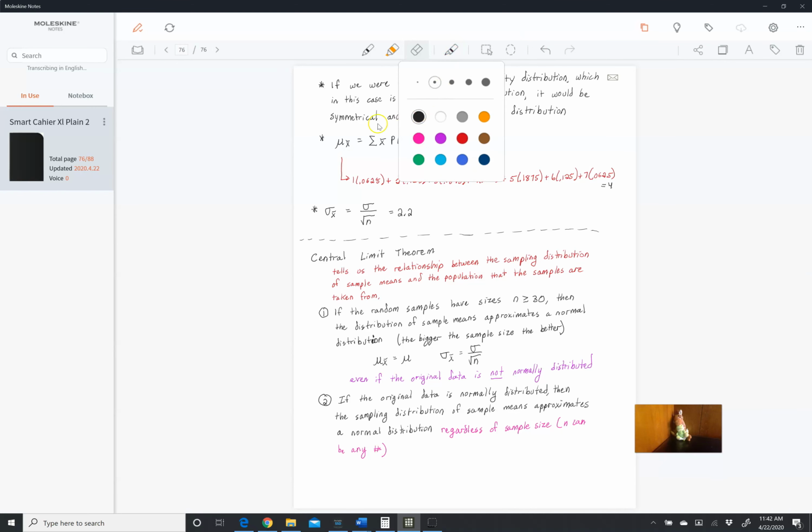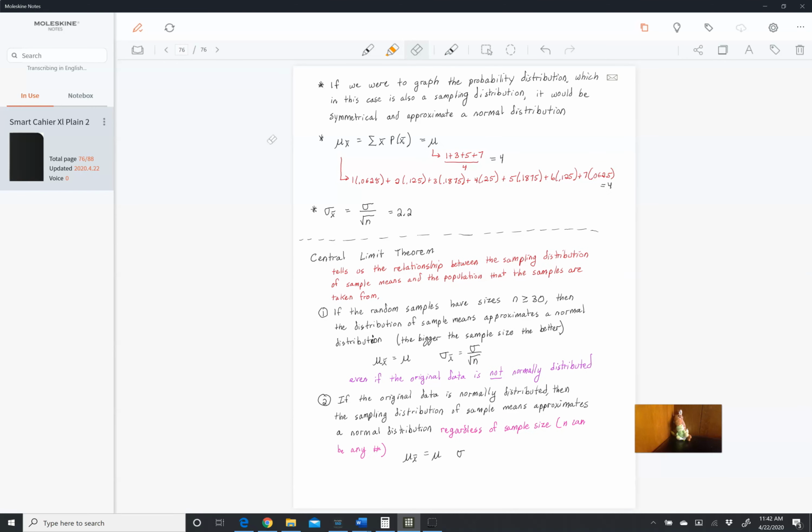And once again, this is still true that mu x bar is equal to mu and sigma x bar is equal to sigma over square root of n. So that's still true.